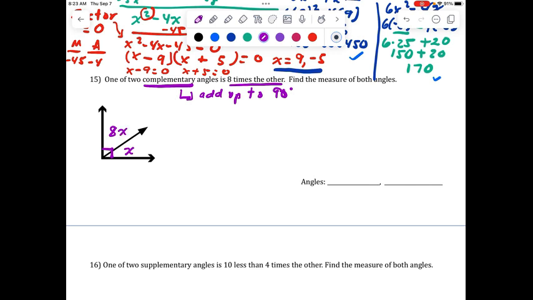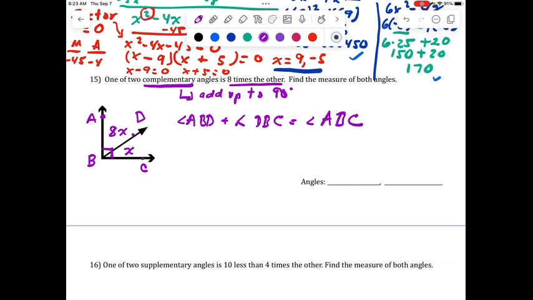one 8x. So if I label my picture A, B, C, D, for instance, angle ABD plus angle DBC equals the whole angle ABC.